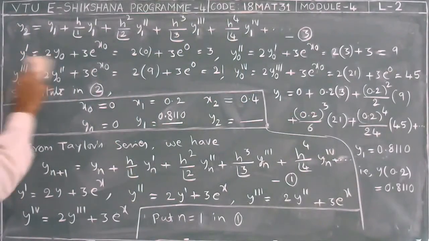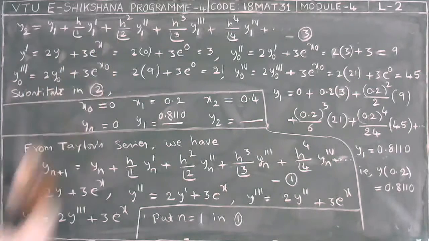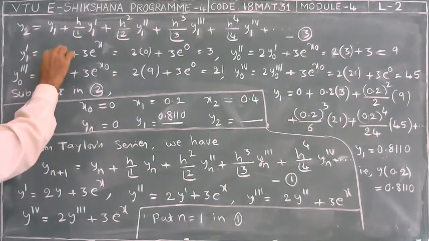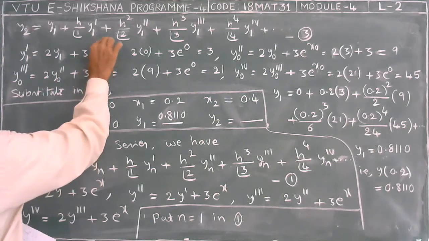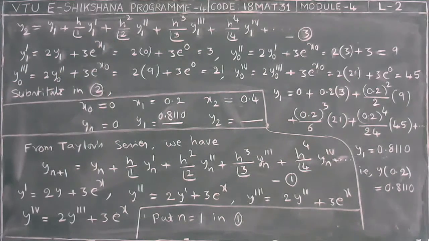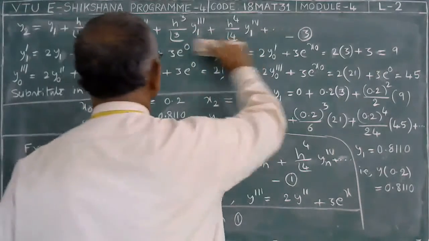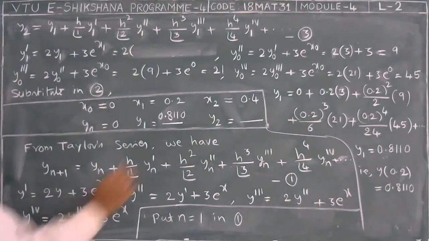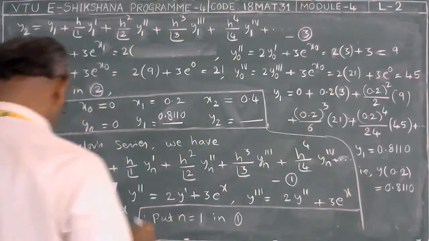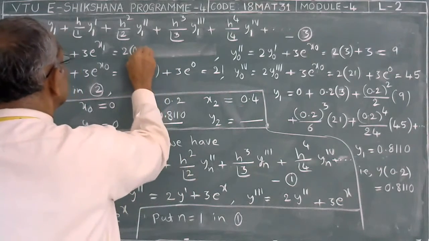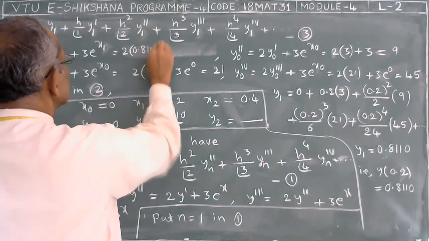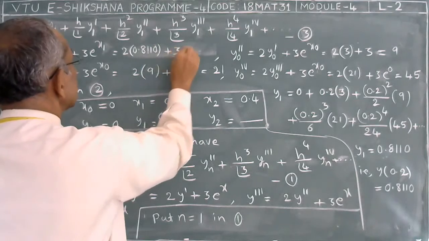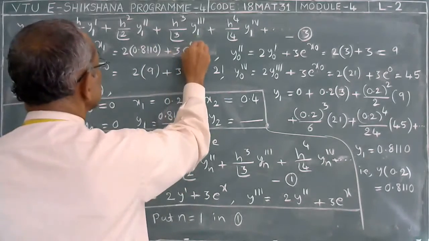Okay. So let me calculate y1 dash, that is equal to 2y1 plus 3 e power x1. So I have to substitute here carefully. If you substitute, 2 into y1, y1 is this 0.8110, plus 3 e power x1. x1 is 0.2 now.